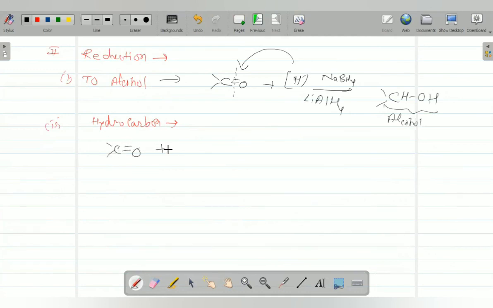Suppose you react with zinc mercury as a reducing agent, ZnHg, an amalgam of zinc, in presence of HCl. What will happen? This breaks the bond and it is reduced into CH2, or water, H2O. So this is called Clemmensen reduction.